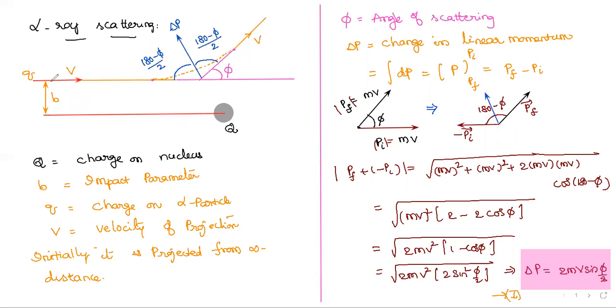According to the law of conservation of angular momentum, since the direction is changing here, what can I do? The angular momentum at the initial position should be equal to the angular momentum at this position. Initial angular momentum means r cross p.